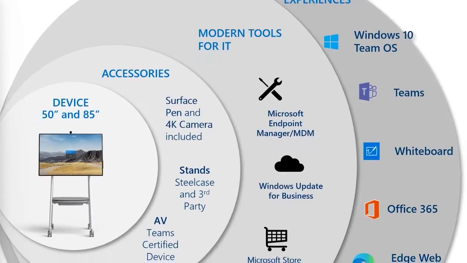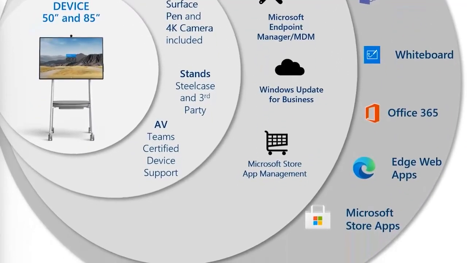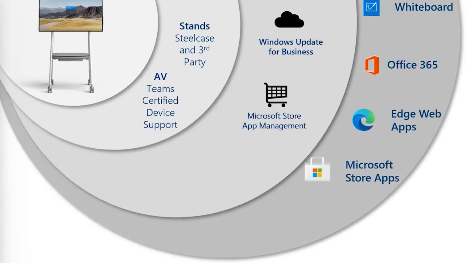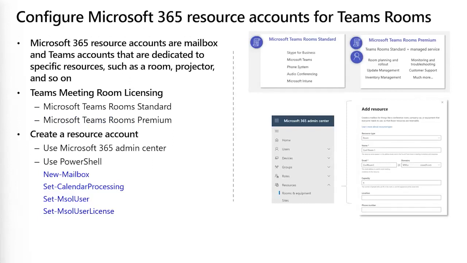It runs the Windows 10 TeamOS, support for Teams, of course, Whiteboard, Office 365, Edge web apps, and, as mentioned, Microsoft Store apps. We need to set up resource accounts in M365 for Teams Rooms. These are accounts dedicated to specific resources like a room or projector or other piece of equipment. A couple of licensing options for Teams meeting rooms. We've got our standard and premium offering.